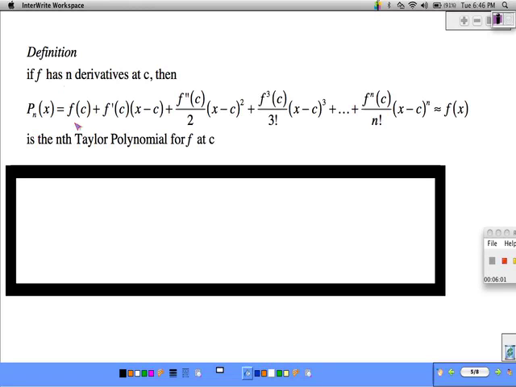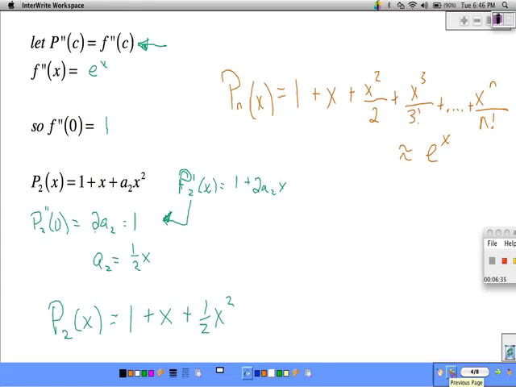If function f has n derivatives at any c value, our nth degree polynomial is found by taking the function evaluated at c plus the derivative evaluated at c times x minus c plus the second derivative at c over 2 times x minus c squared plus the third derivative at c over 3 factorial times x minus c cubed plus and so on.